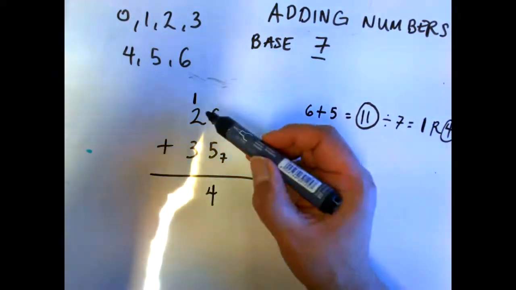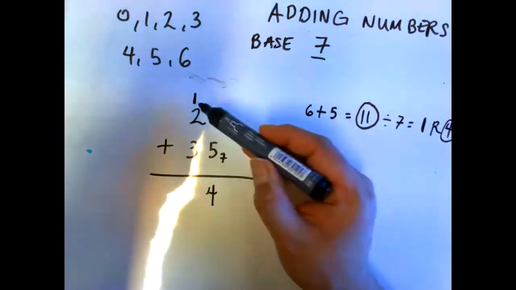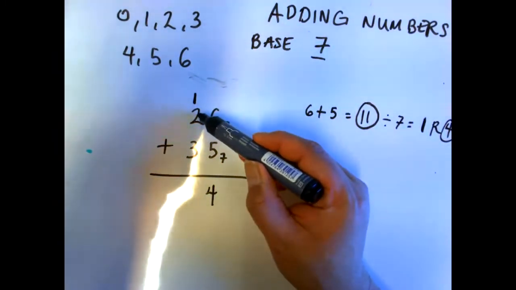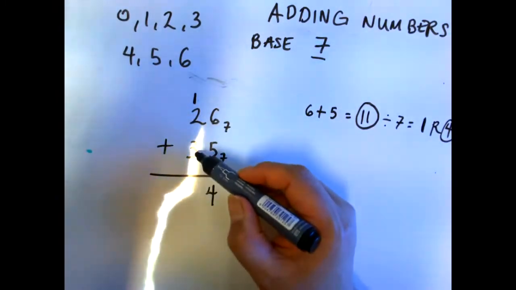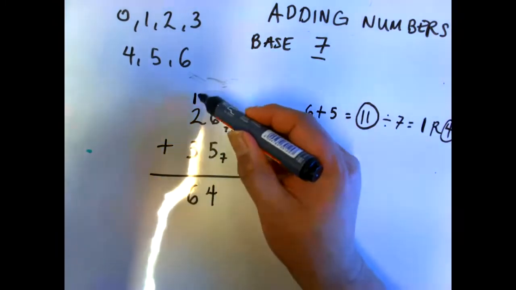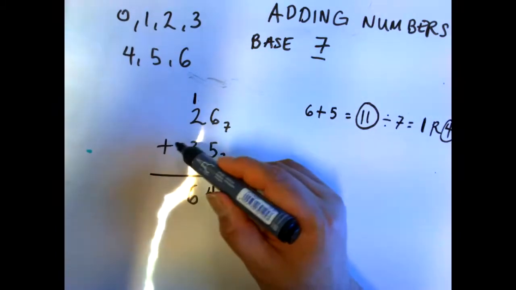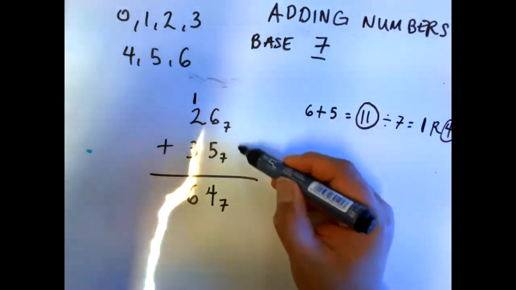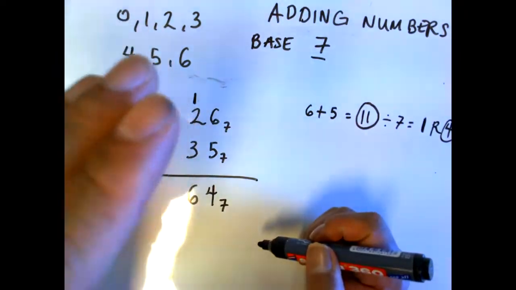Then you ask how many 7s are there: 2 plus 3 is 5, plus the carried 1, that's going to be 6. So 2, 6 added to 3, 5 in base 7 makes 6, 4 in base 7.